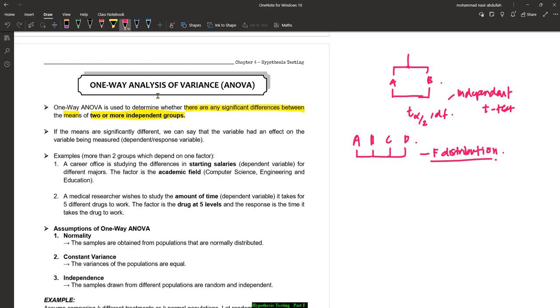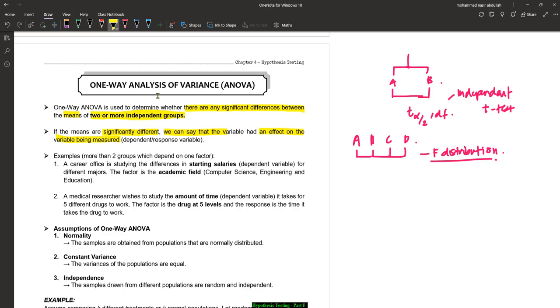Right? So dekat sini dia kata if the mean are significantly different, so if you have found that there is a significant difference, we can say that the variable had an effect on the variable being measured, means that there is at least one group is different, right?